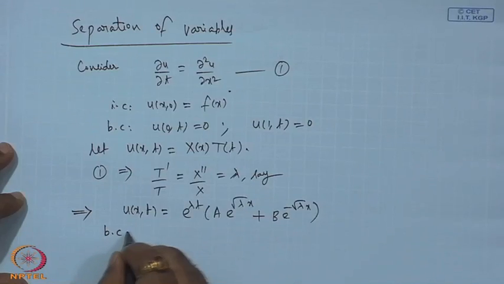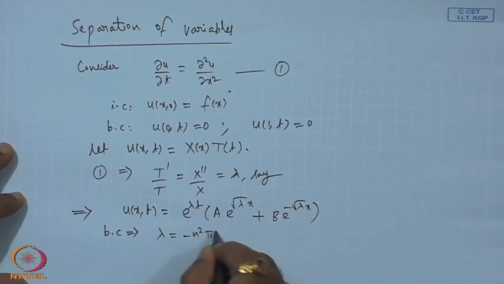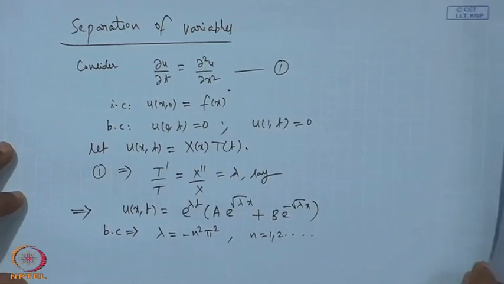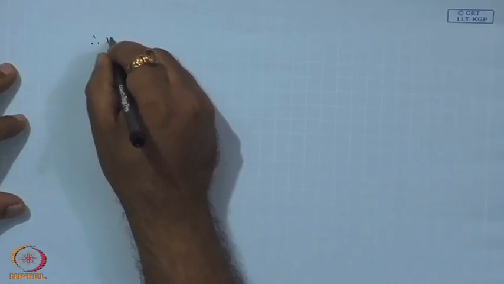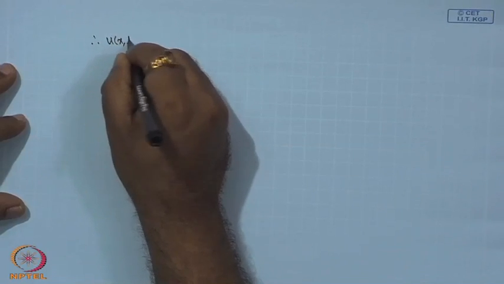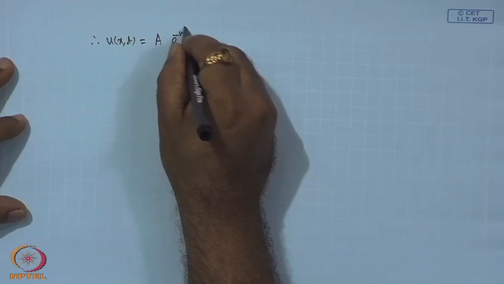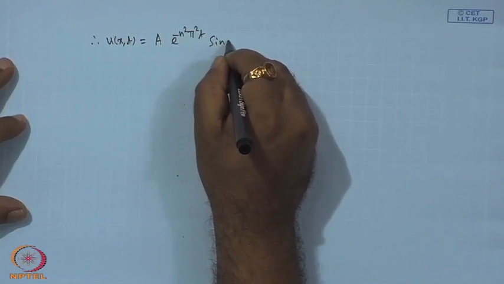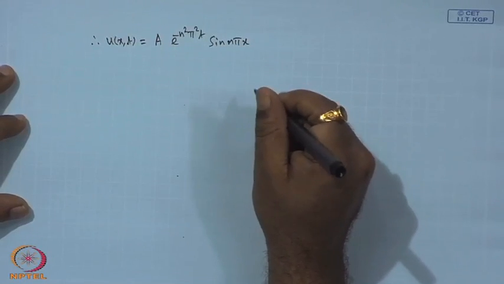So then boundary condition implies lambda values are determined. Okay. So therefore this is the solution. Okay.